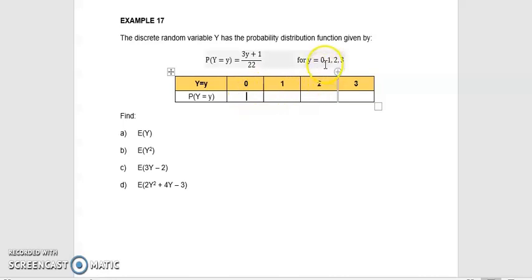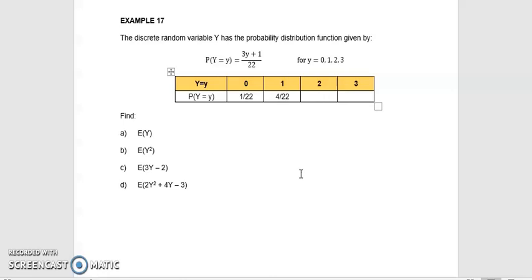If y equals 0, what is the probability? You substitute y equal to 0 in this equation: 3 times 0, 0, plus 1, divided by 22, is 1 over 22. If y equals 1, 3 times 1, 3, plus 1, 4, so 4 over 22.